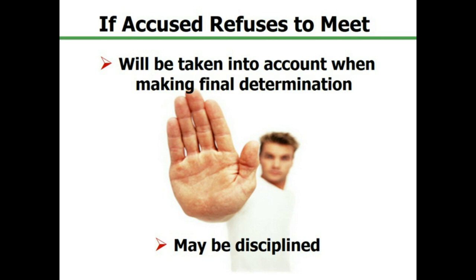They have a right to give you the names of witnesses, etc. And that if they choose not to do that, it will mean that you'll only get one side of the story, which could have a detrimental impact on the outcome. Now, they also need to be told that they could be disciplined for not engaging in the interview. And it should say this in your policies.